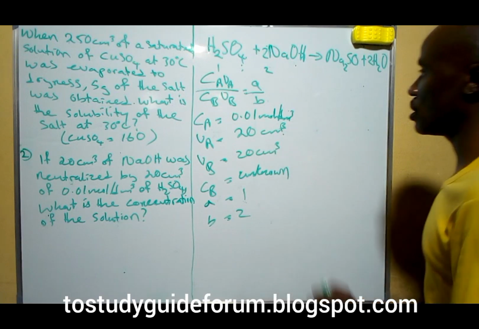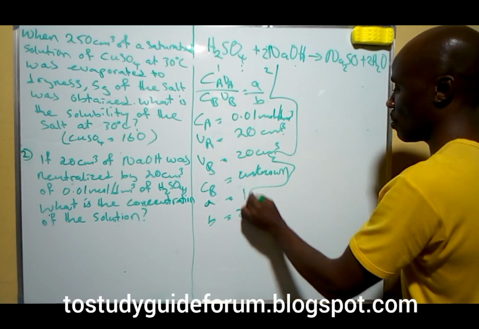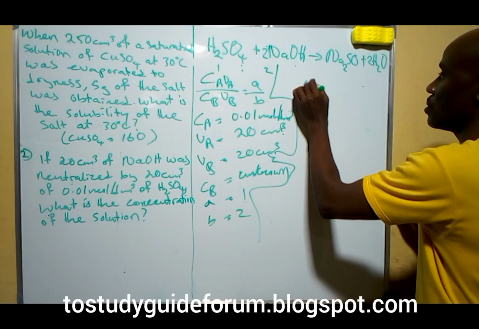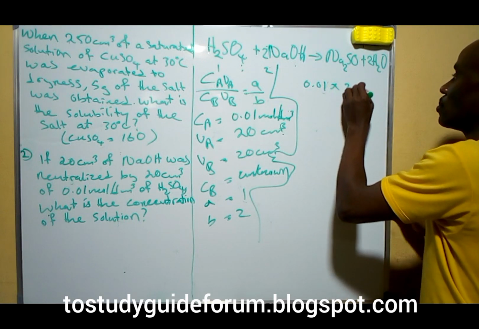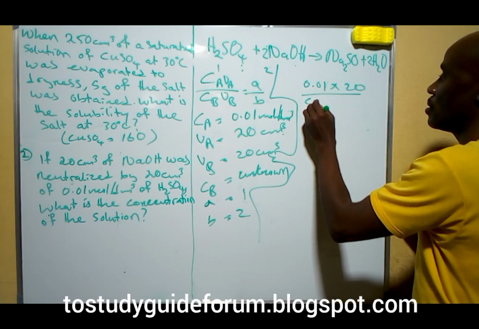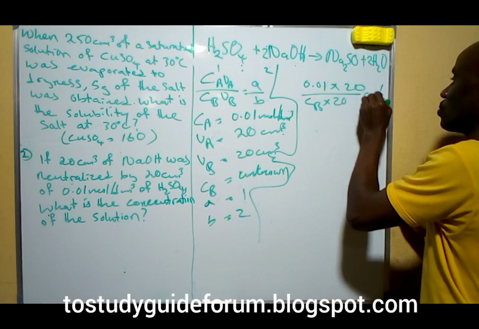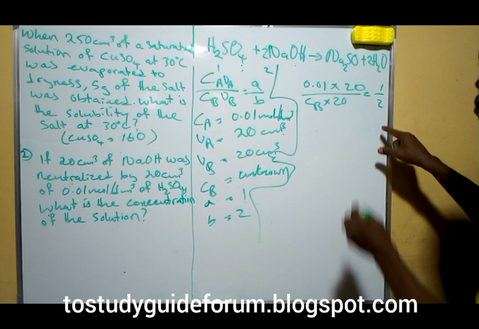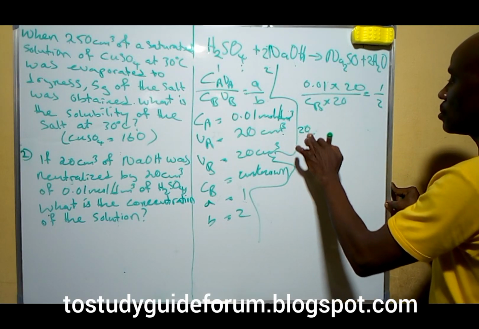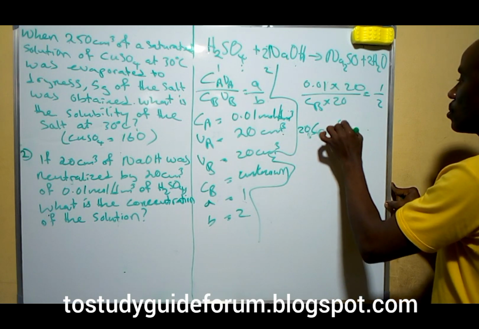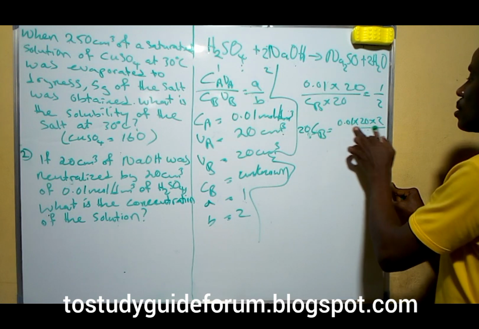When we substitute all this, we have 0.01 times 20 all over CB times 20 equal to 1/2. When we multiply through, we have 20 CB equals 0.01 times 20 times 2.